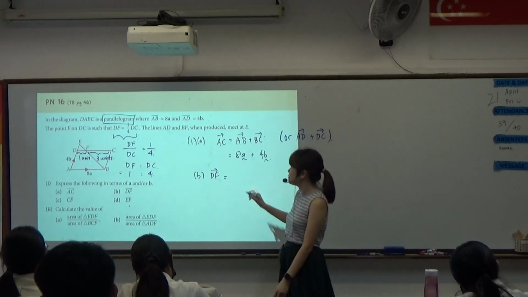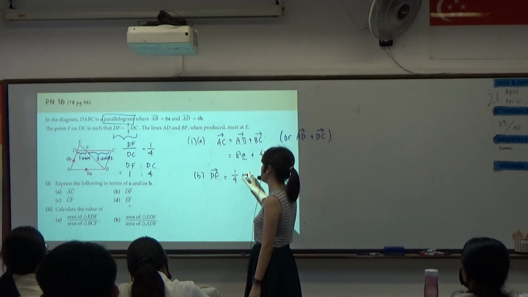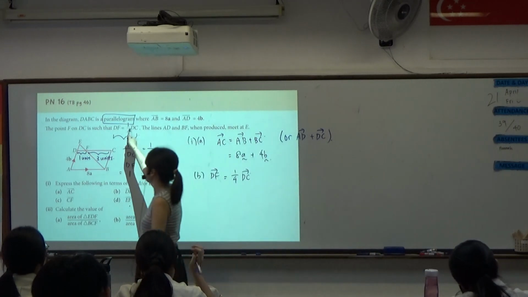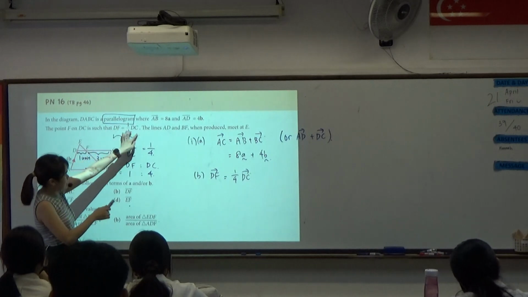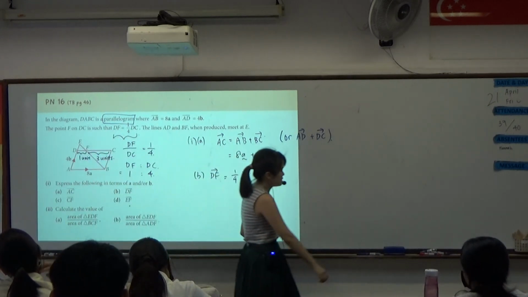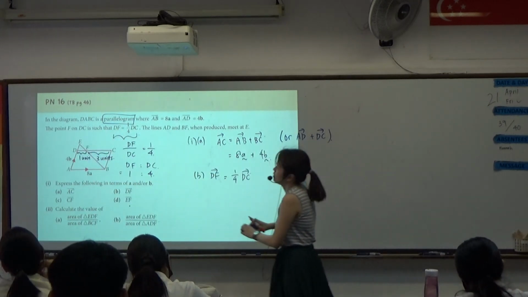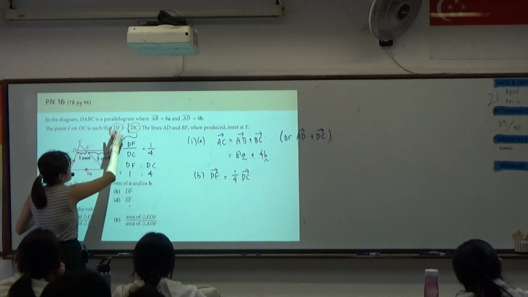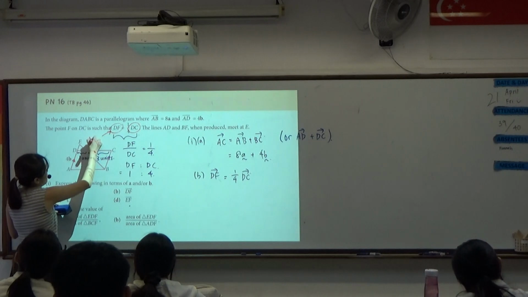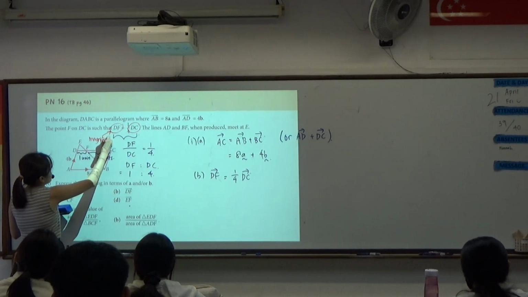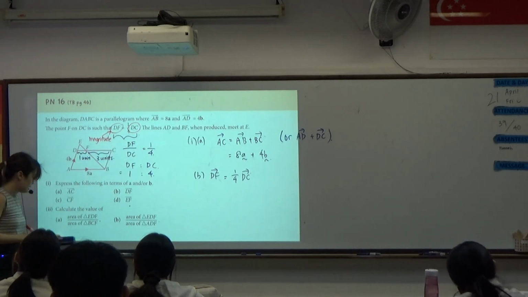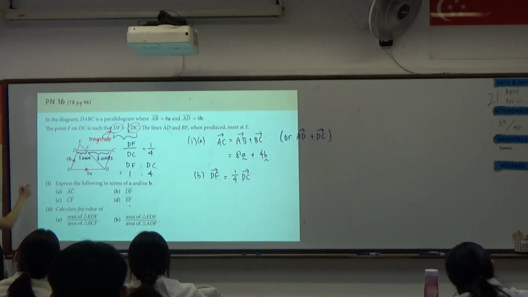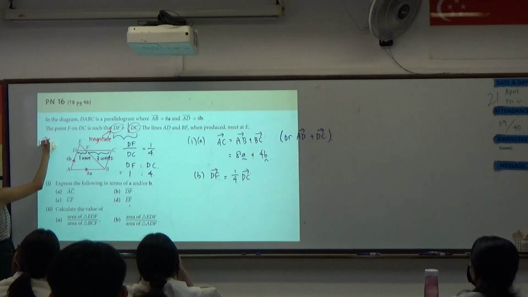We know that DF is equal to 1/4 of DC. Taking note that in our question, when DF and DC are written in this manner, in this notation, this refers to magnitude or length. This is an alternative way of writing, instead of writing it in this manner.